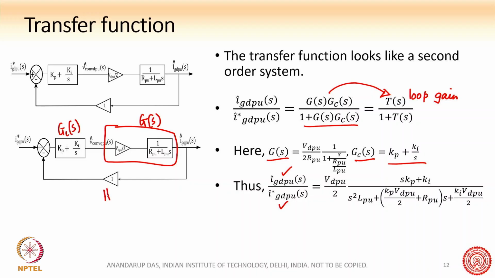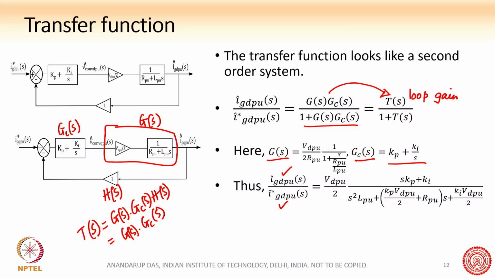And of course HS is equal to 1, so the loop gain is equal to the gain of the loop, which means GS into GCS into HS, right? Since HS equals 1 here, this becomes equal to GS into GCS, right? So basically we are traveling around the loop and finding out what the gain is. So this is what we said.